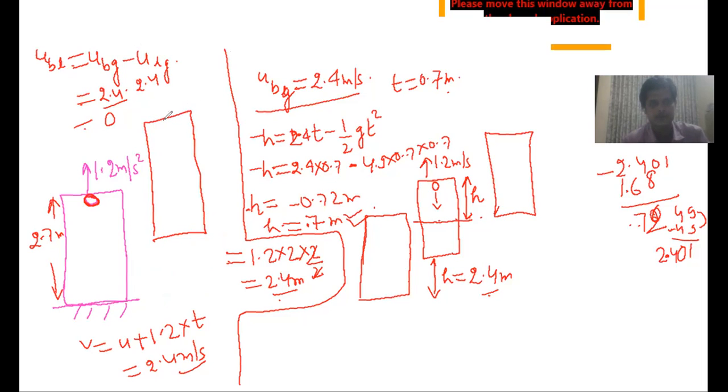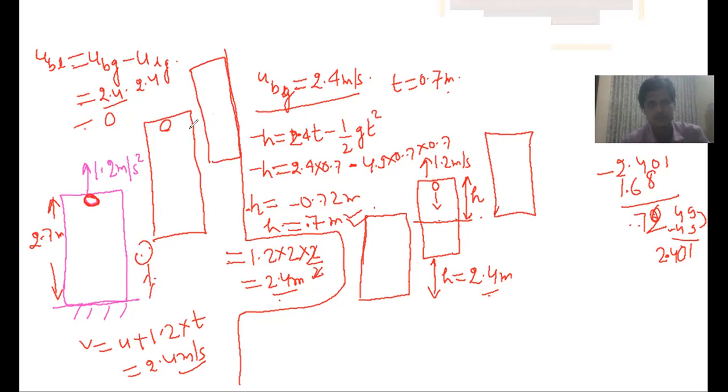The bolt is released, and as per the ground, from here I can see that it will look like this, because the elevator is also moving upward. So it has started from here, goes like this, and then comes to this point. This is my total distance, and in that we have found this H, which we already found as 0.7. So we need to find this distance.